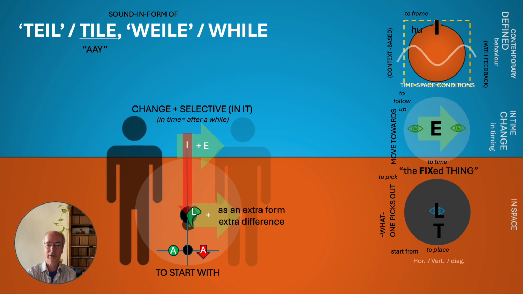Let's compare it, of course, with TEIL, which is actually pronounced the same, but it is written as I, then the L, and then the E. So that means that the E, seeing the differences, it comes after the L. So here the selective process, which I had in A plus A, is going towards, actually I make a selection towards L, and from L I have something that is different.